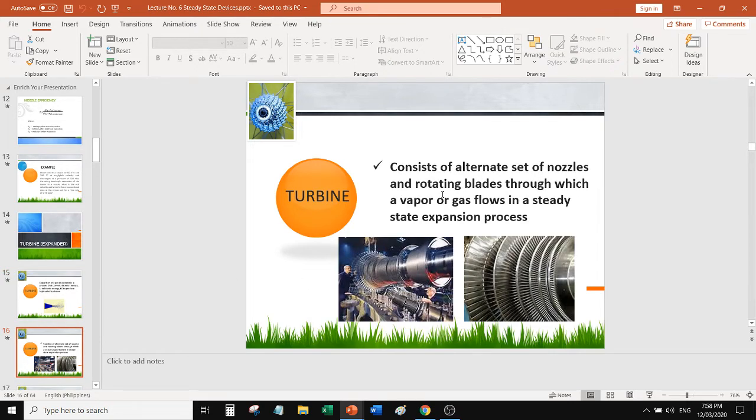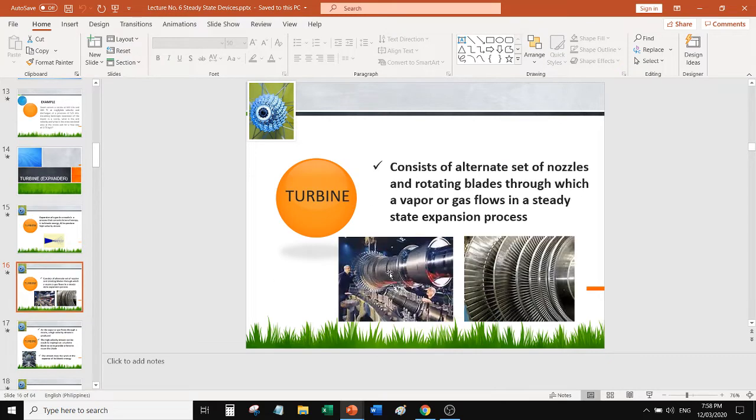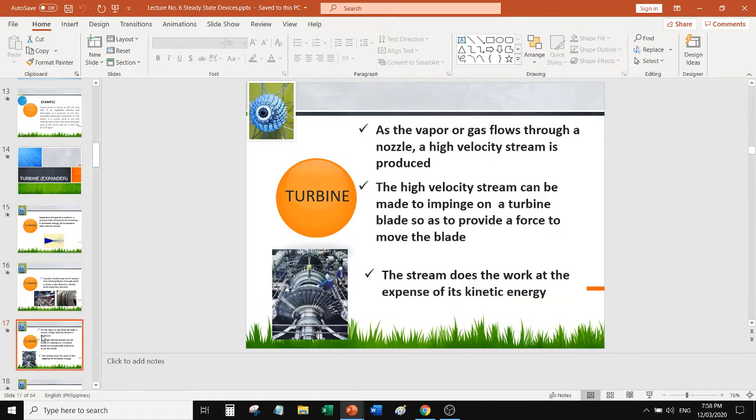So anong nangyayari, nagro-rotate yung blades. And then, that set up of nozzles and blades, that would be your turbine.